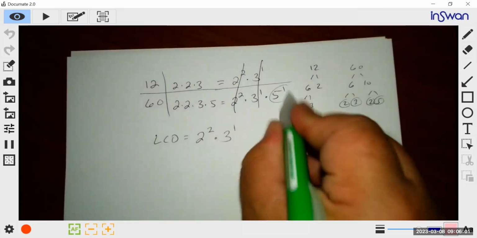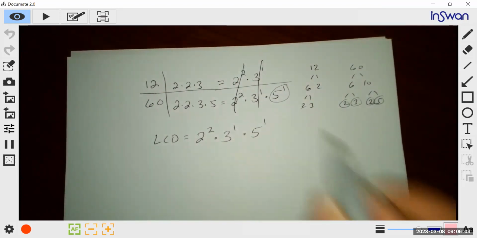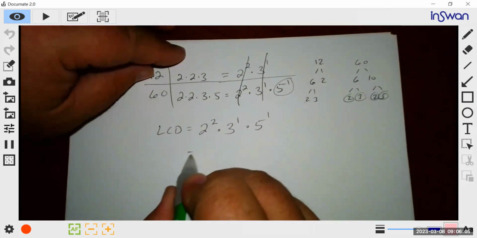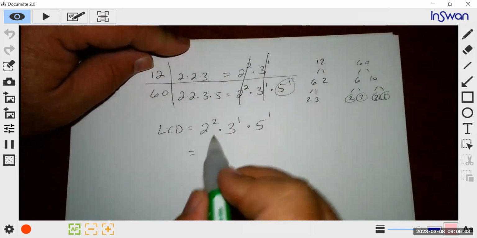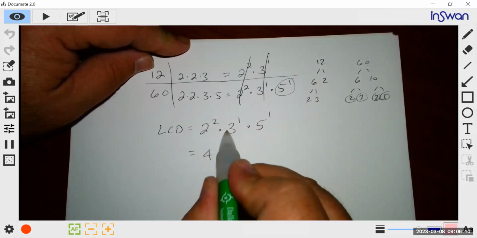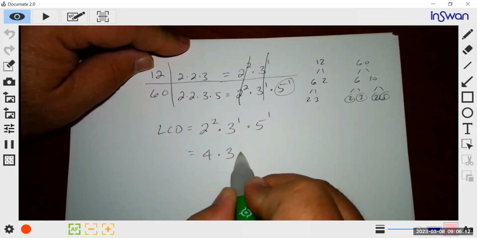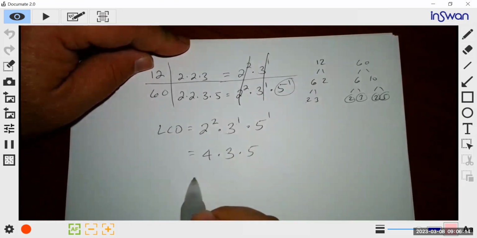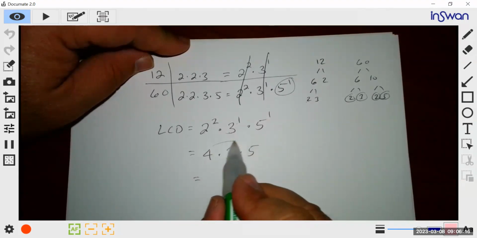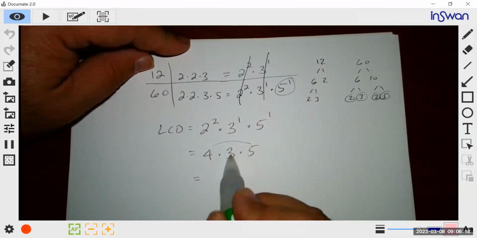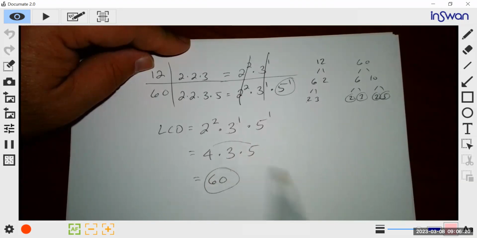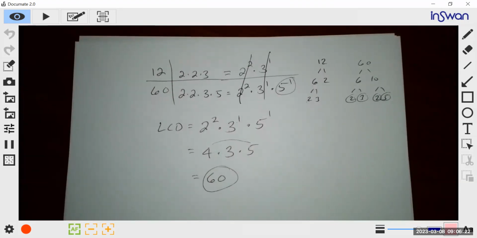Yeah, because there's a 5 here. So 2 squared is 4. 3 to the first is 3. 5 to the first is 5. 4 times 5 is 20, times 3 is 60. The smallest number that both of those fit into is 60. That's how you do it.